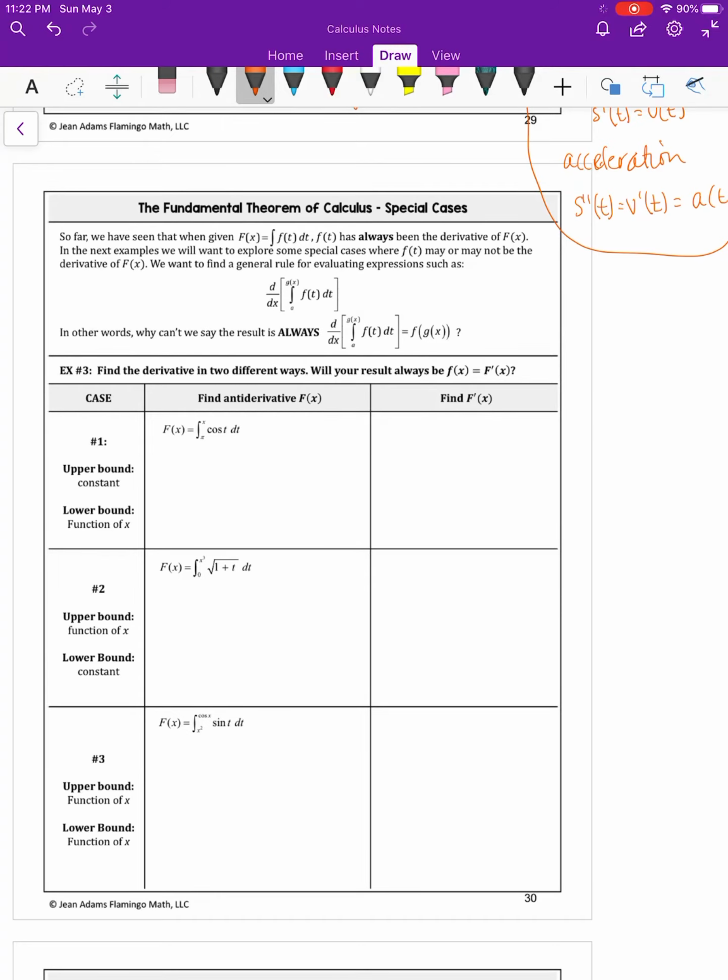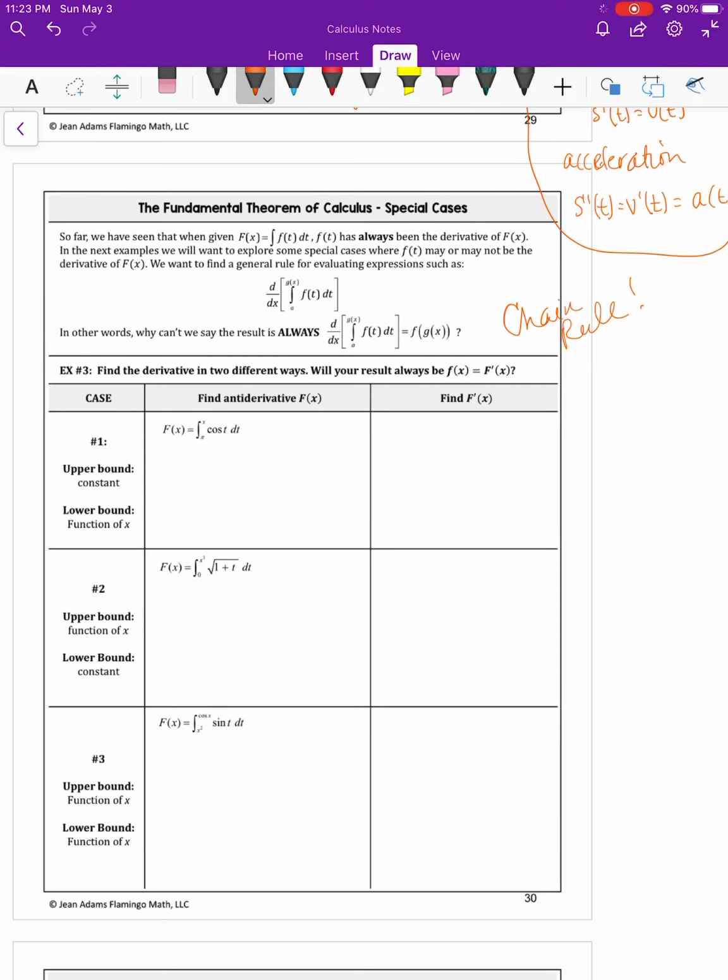We want to find a general rule for evaluating expressions such as, see how we're taking the derivative of the integral from a to g of x of f of t dt. So in other words, why can't we say the result is always going to be f of g of x? This is where the chain rule comes in. Okay, that's why we can't just say that.